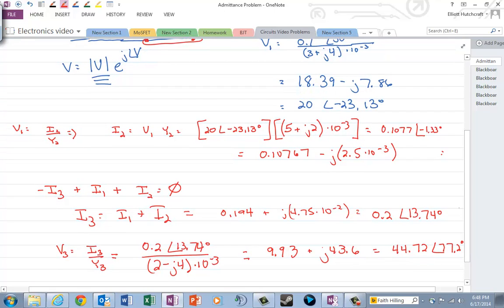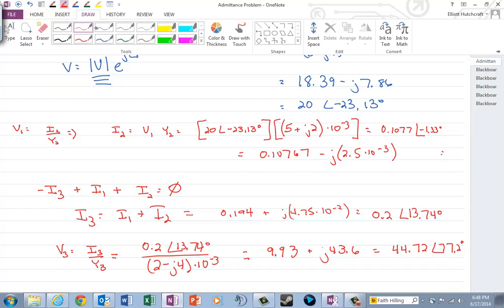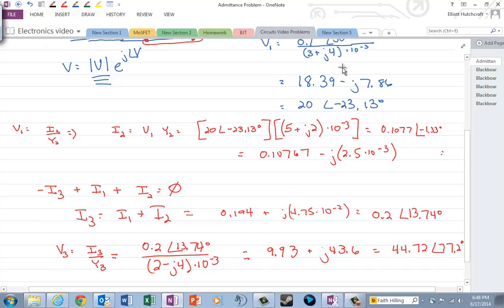Now I could add the two answers in polar form, but actually it's easier to add those things in rectangular form. So V1 is 18.39 minus j 7.86, that's the rectangular form for it.